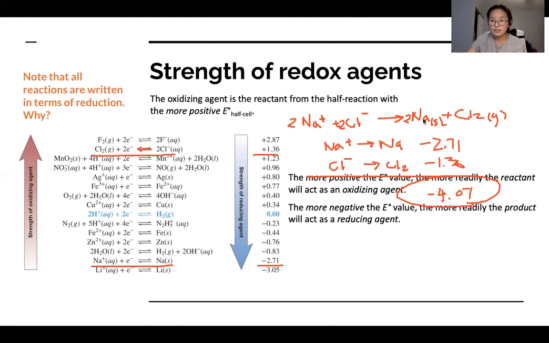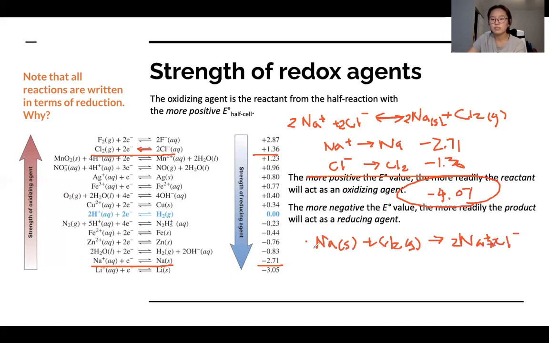However, on the other hand, if the arrows were going this way, let's say we somehow try to put Na solid and Cl2 gas in water and try to form Na plus and Cl minus.